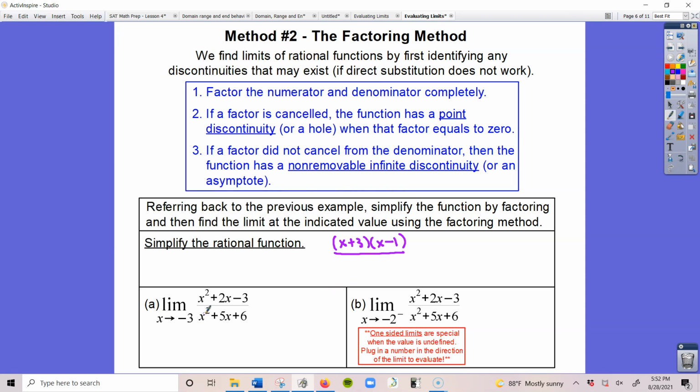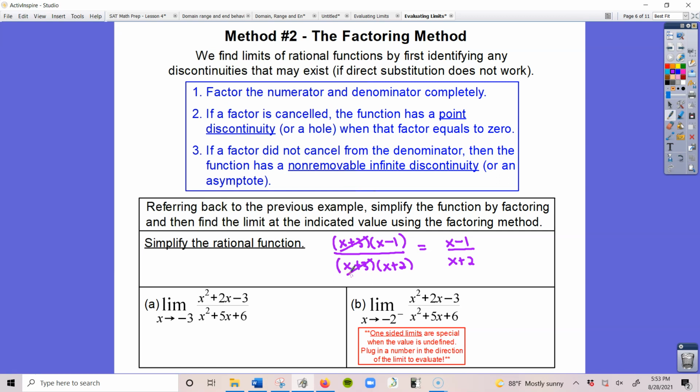In the denominator, we have x squared plus 5x plus 6, which can be factored to be x plus 3 and x plus 2. I can cancel the x plus 3's, and I'm left with x minus 1 over x plus 2.